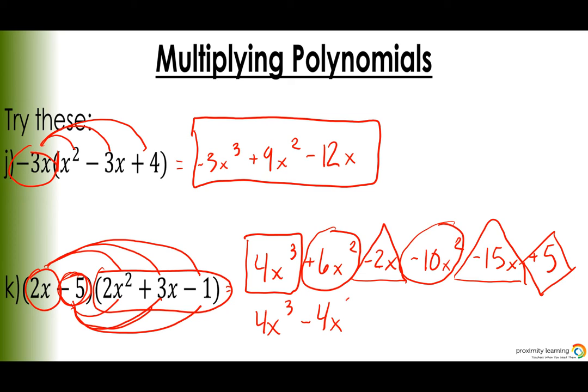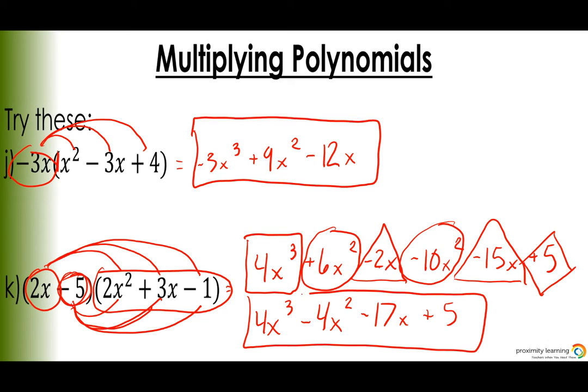We just reattach what common variable and exponent they had. Now -2x plus -15x gives us a -17, and their variable was just x. And since there's only one diamond, one constant, we rewrite him. Okay, and that is our answer.